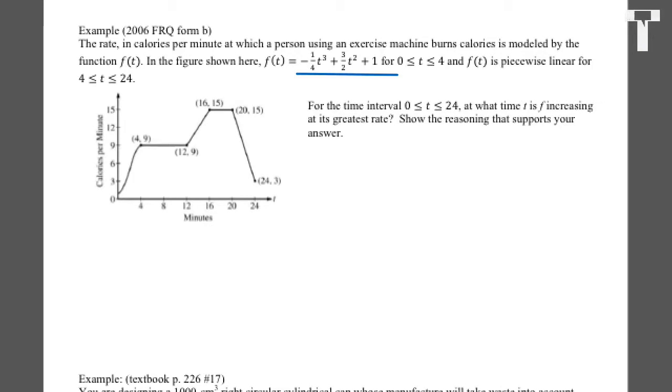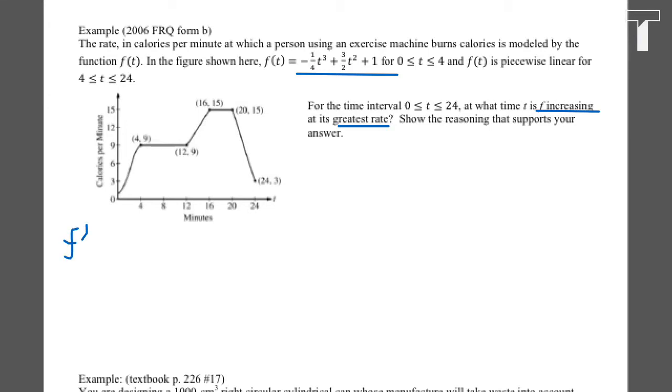So they love to put all these words in here and just see if they can't trip you up. You have to ask yourself, what am I trying to minimize or maximize? So I think I'm trying to find the greatest rate of f's increasingness. So the rate at which f increases is called f prime.